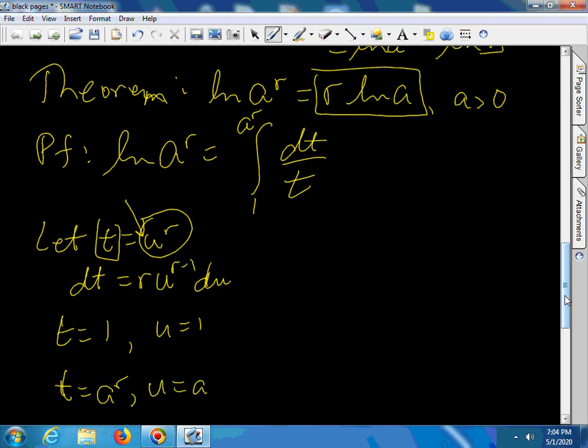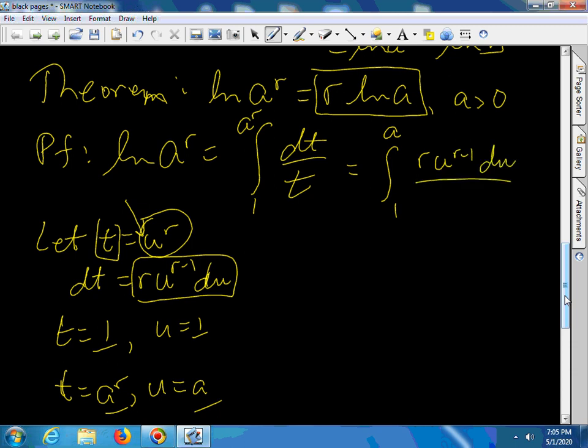U is a. So what we get is the integral. Instead of 1 to a to the r, we go between 1 and a. Okay. And dt is r u to the r minus 1 du, divided by t, which is u to the r, excuse me.